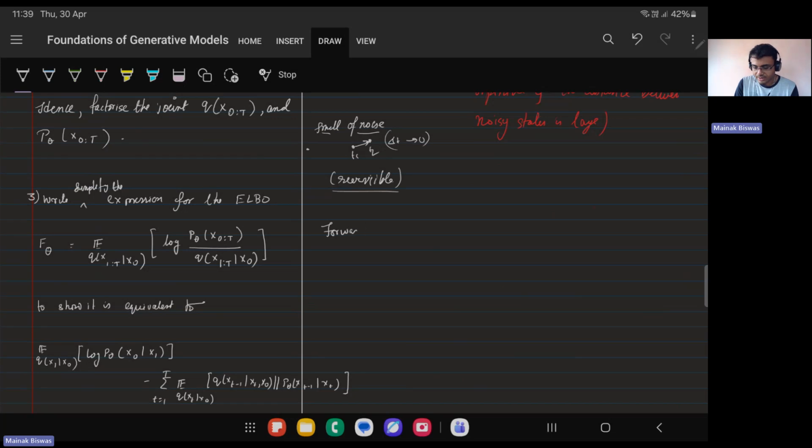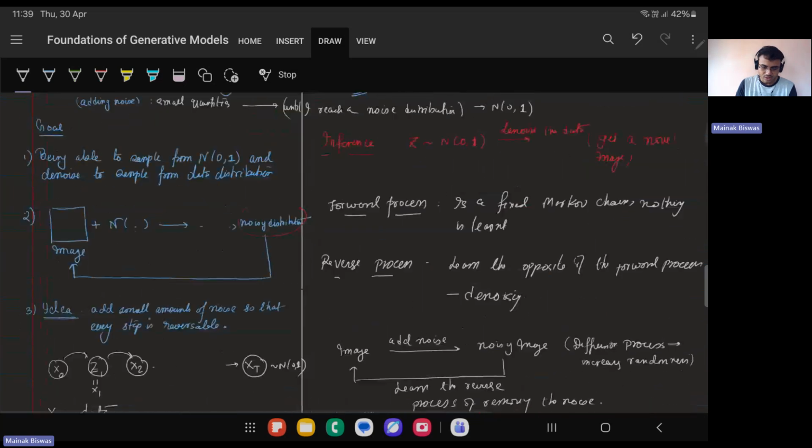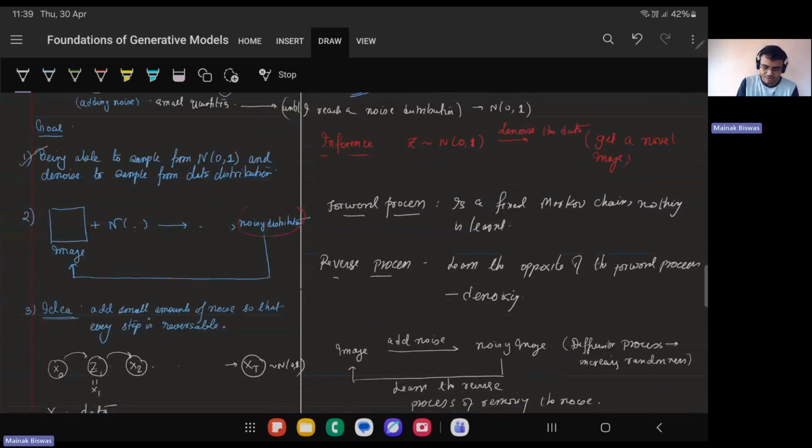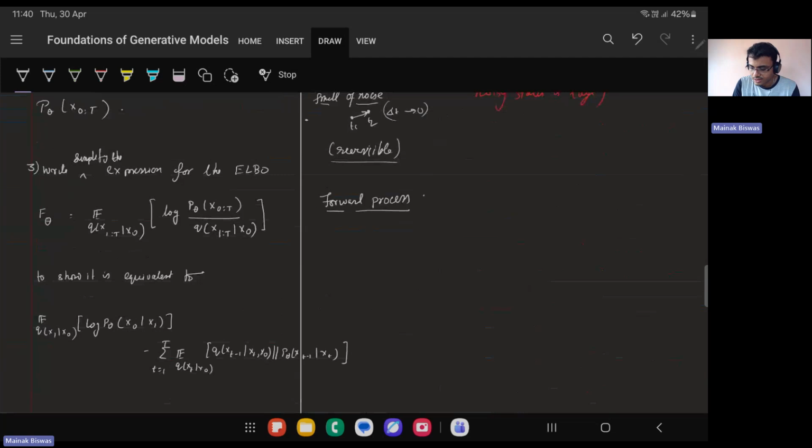Don't look at the left for the time being. Look at the right. So we'll define the forward process. So the idea has been cleared, and we have learned what the overall goal of the model is. Now let us look at how we will get to the forward process. So the forward process is what I'll define now.